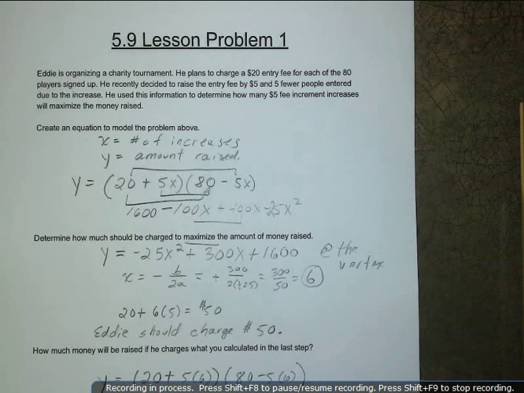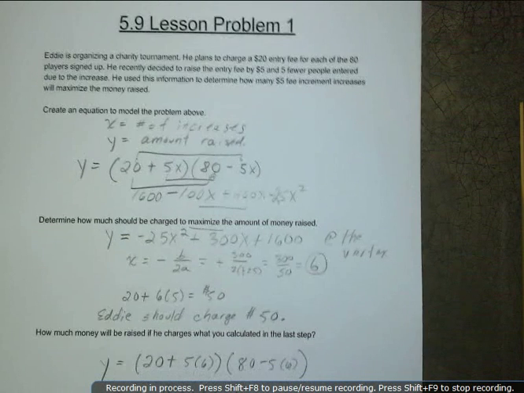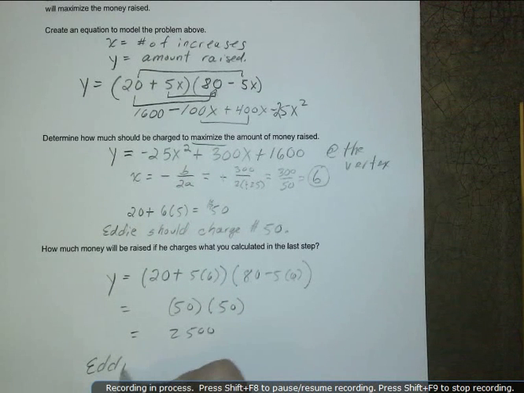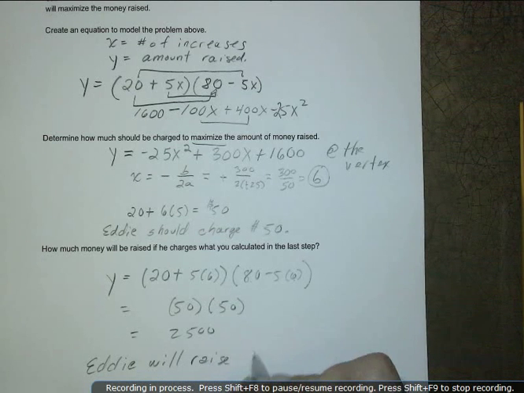And that means we're not going to have as many people playing, so 5 times 6 is 30, and 80 minus 30 is 50, so 2,500. Remember originally he was only going to raise $1,600, now this is up a little bit. Eddie will raise $2,500.